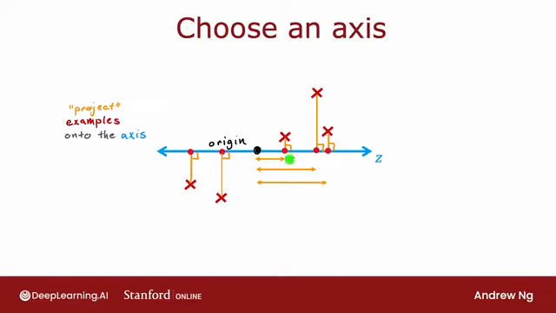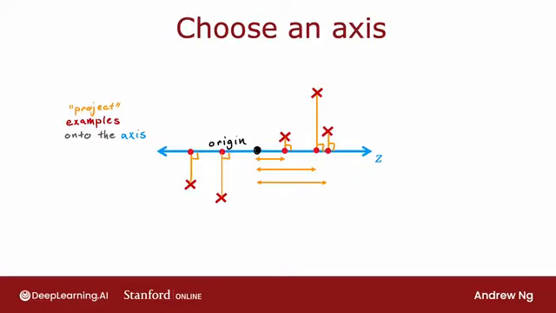So picking this direction as a z-axis is not a bad choice, but there are some even better choices. This choice isn't too bad because when you project your examples onto the z-axis, you still capture quite a lot of the spread of the data.